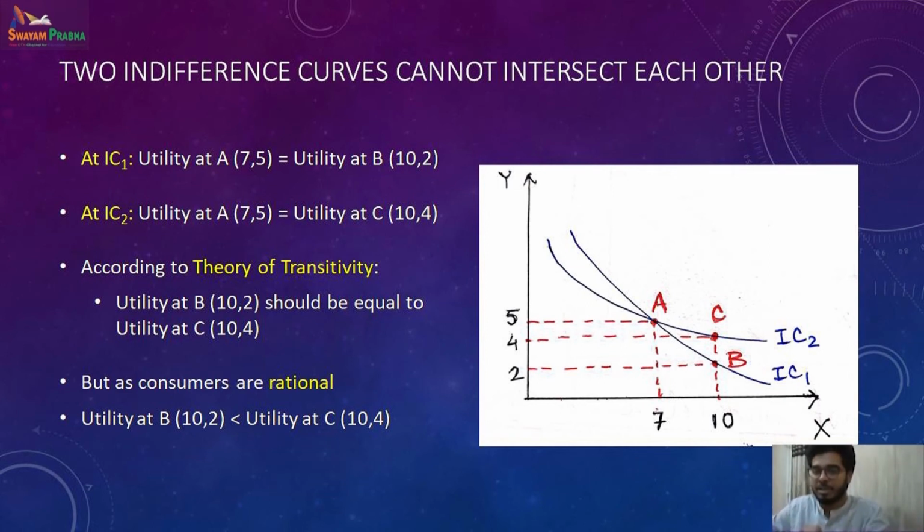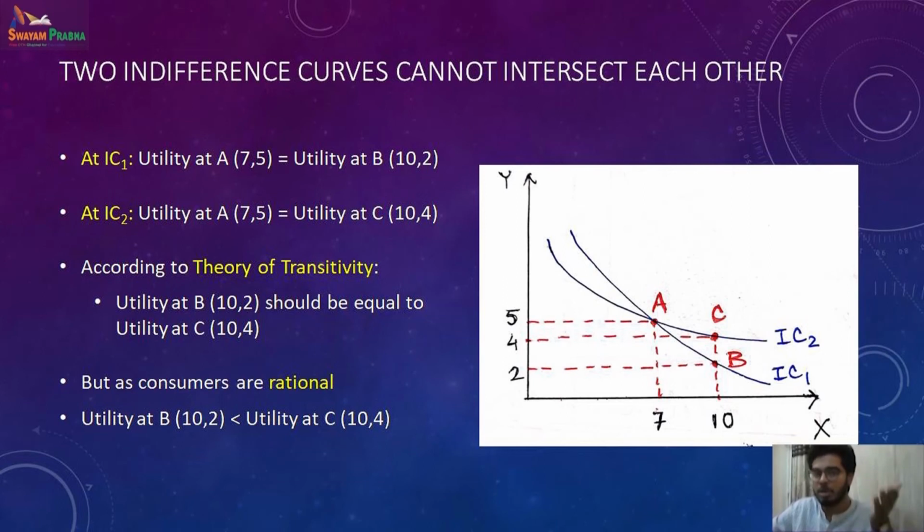Now, the theory of transitivity says that if A equals B and A also equals C, then B equals C. But can B be equal to C?